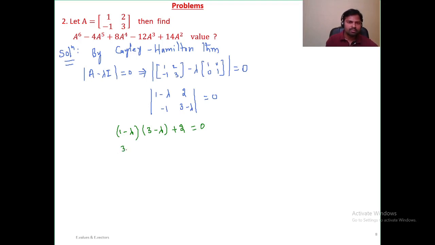So 1 into 3 minus lambda minus 3 lambda, plus lambda squared plus 2 equal to 0, which is lambda squared minus 4 lambda plus 5.